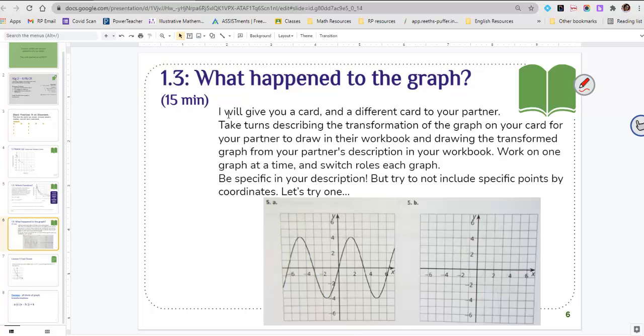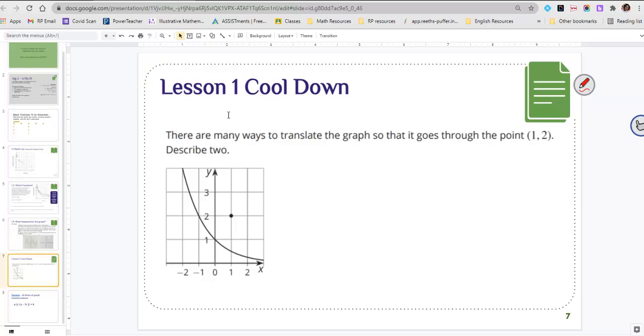Okay? So while you have that, let's take a look at the Lesson 1 cool down in our Unit 5 packet. Will you find your Unit 5 cool down packet and look at number 1 with me, lesson number 1.